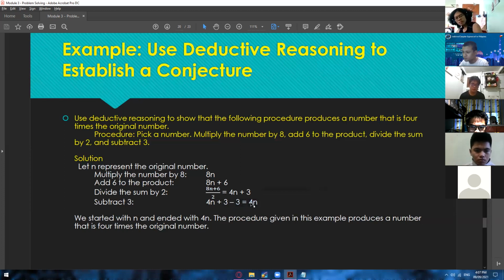So as a result, this is now the one that we can use, which is already proven, approved by everybody, because that's how we came up with such a formula with this procedure. We started with n and ended with 4n. So the procedure given in this example produces a number that is 4 times the original number.